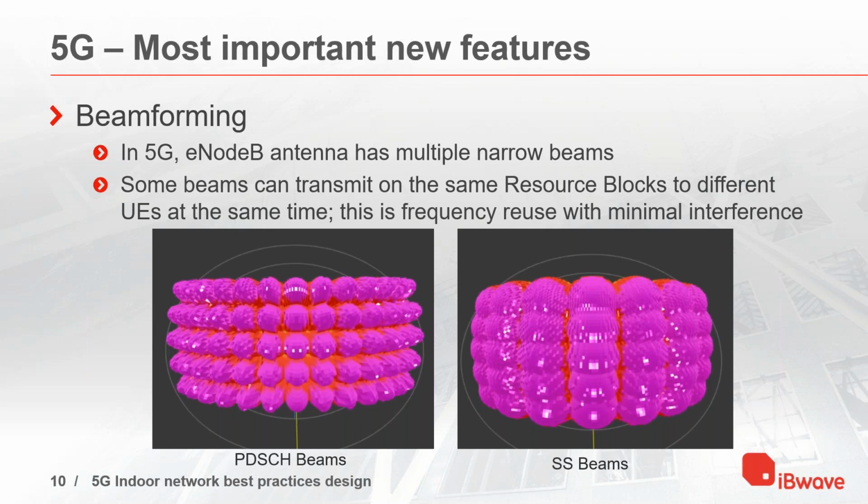Okay, perfect. Next question is, talking about beams instead of sectors, does this essentially mean the end of mechanical or electrical down tilt in 5G? I don't think so. I have seen examples of a venue like a basketball arena, where you are putting your small cells above the audience.